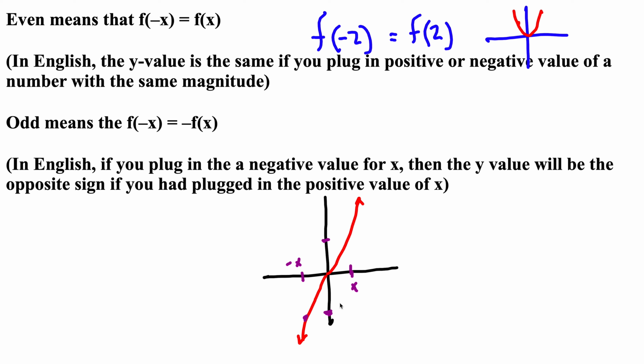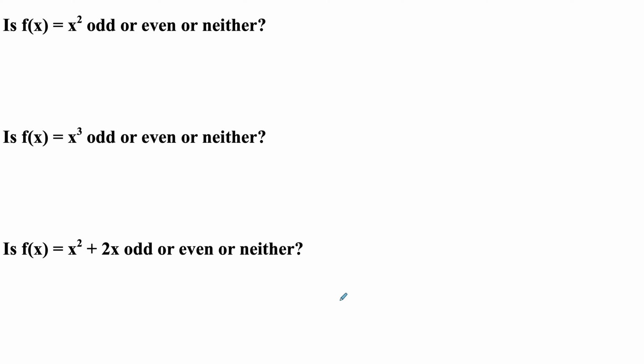Okay, so let's take a look at some concrete examples real quickly. So, is f of x equals x squared odd, even, or neither? So you need to do two things. You need to figure out what f of opposite x is, and you need to see what you get. F of opposite x means you're plugging negative x in here, which means you're taking negative x and you're squaring it. Do order of operations make a difference? You bet, a big difference.